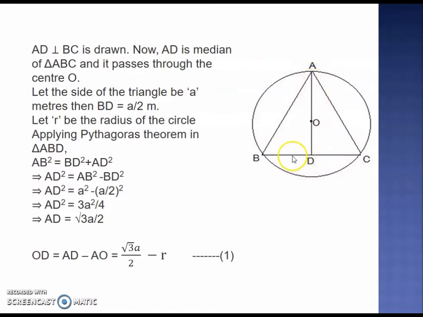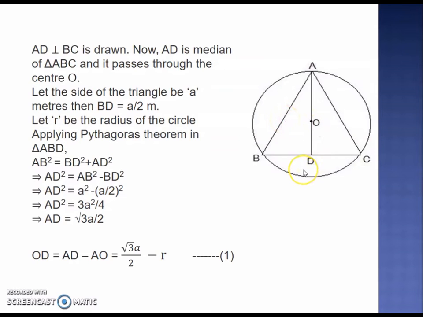We have constructed AD perpendicular to BC, so it is also the perpendicular bisector of BC because it is an equilateral triangle. Therefore BD will be a by 2. So AB is a, BD is a by 2. So I can find AD in terms of a using these two values.